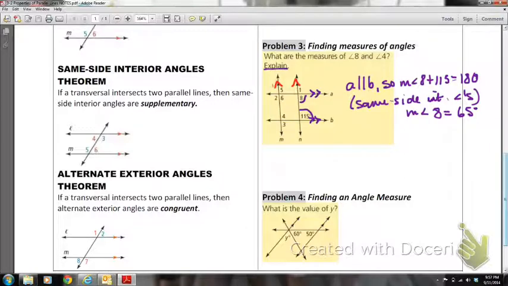So M and N, M is parallel to N. So that means that the measure of angle 4 has got to be 115 degrees, because angle 4 is corresponding to the angle that's marked with 115 degrees. So that's the corresponding angles postulate.